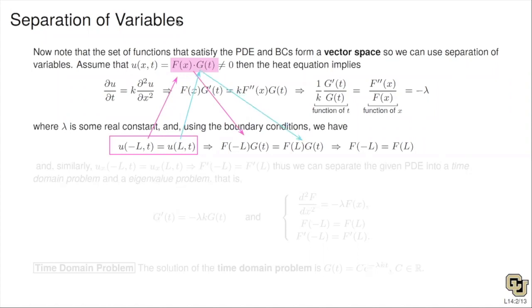And then I cancel G of T. So now I've got a boundary condition here on F.